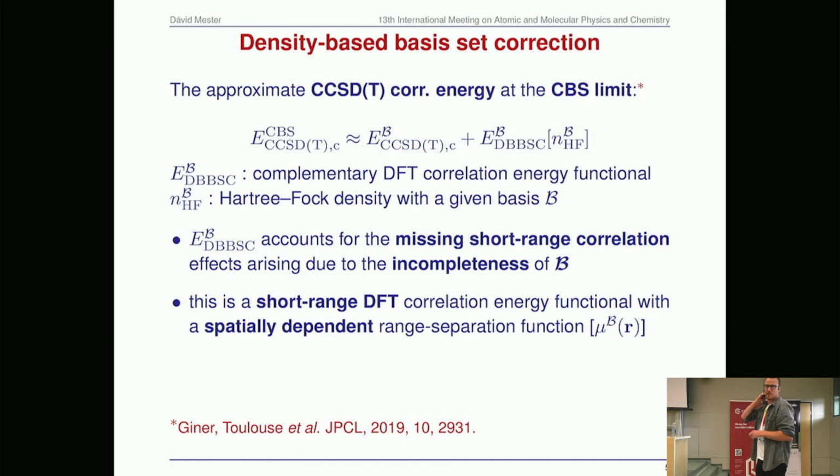I don't have too much time to go into the details, but this contribution accounts for the missing short-range correlation effects arising due to the incompleteness of the one-electron basis set. And this functional is basically a short-range DFT correlation energy functional, which depends on a range separation function.